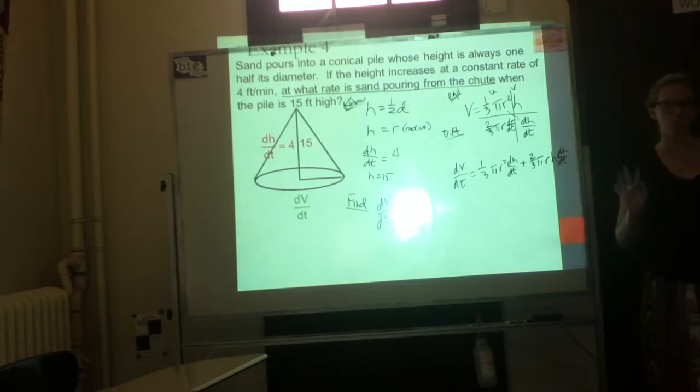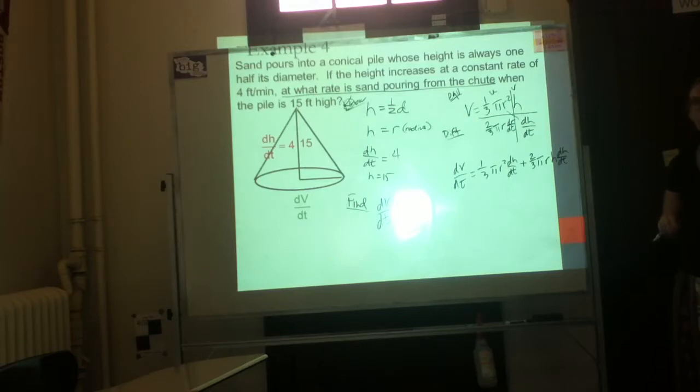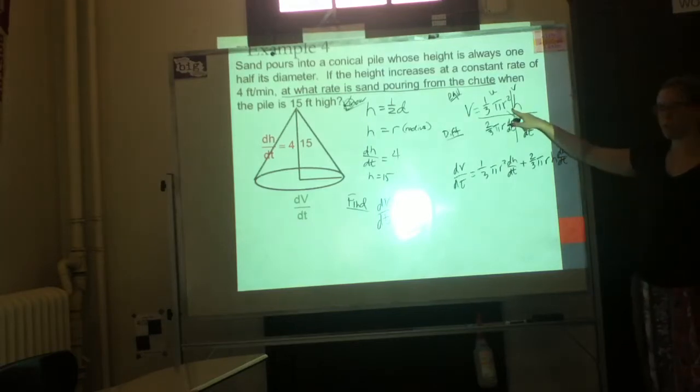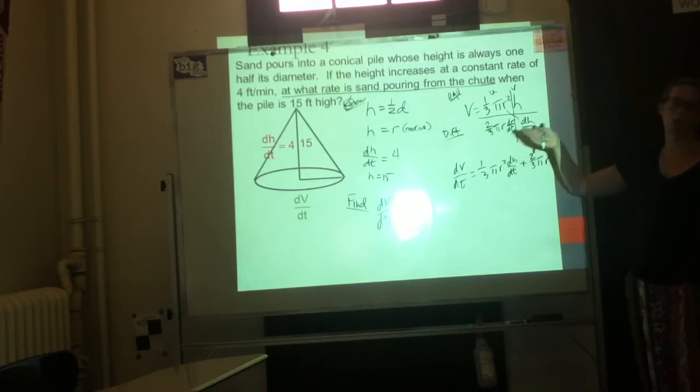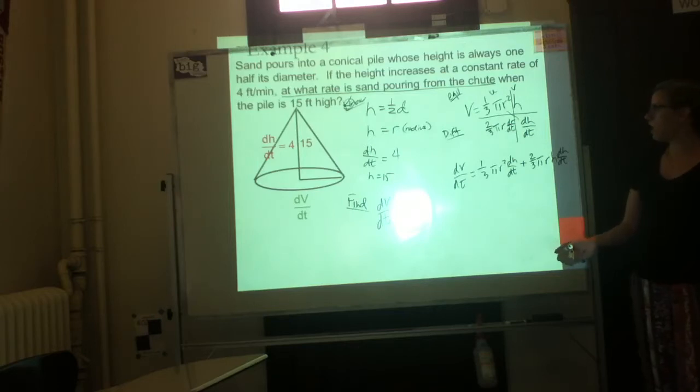Again, order doesn't matter, multiplication is commutative, but this would be a good standard way to do it. This one, you have to use the product rule. Whenever there's the same variable in more than one spot, or definitely two different variables, you have to use the product rule.